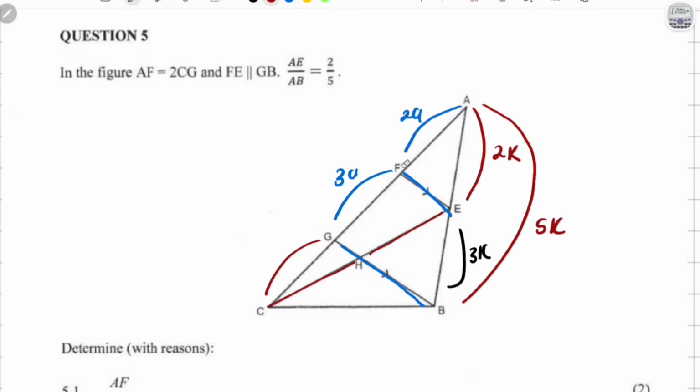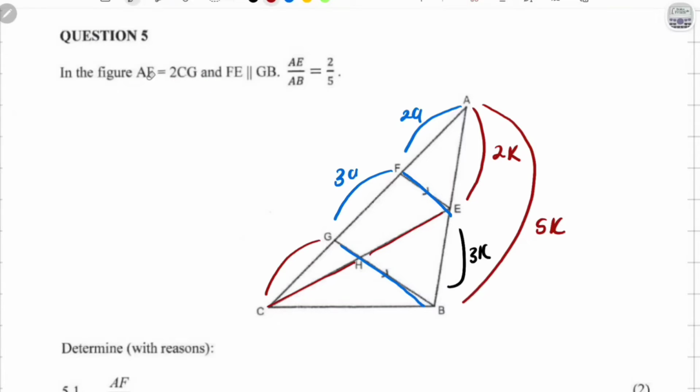You see a triangle, two parallel lines. For you to be able to say CH over HE is equal to CG over GF, you need this to also be in terms of A, like that one, because of this. So how do we get this in terms of A? The only issue right now is what is CG. But if you look in the scenario, you see that they mentioned something about CG. So that's a good thing.